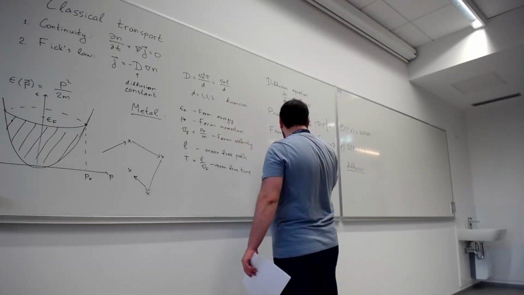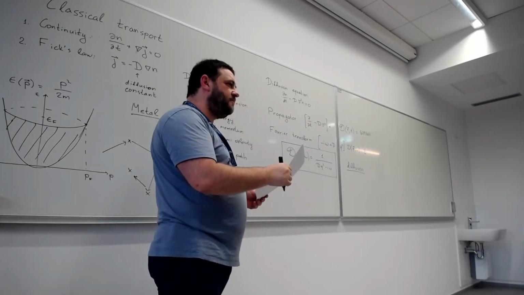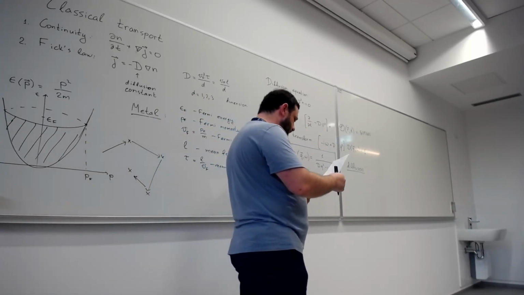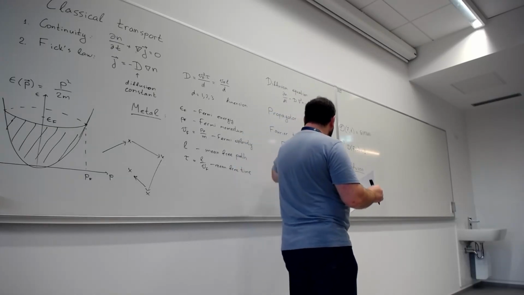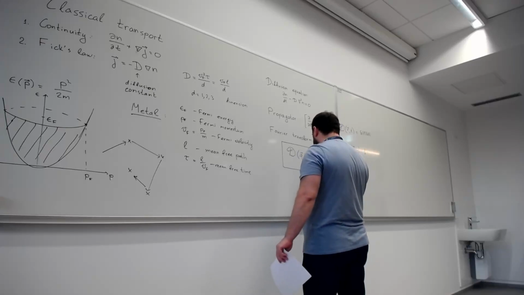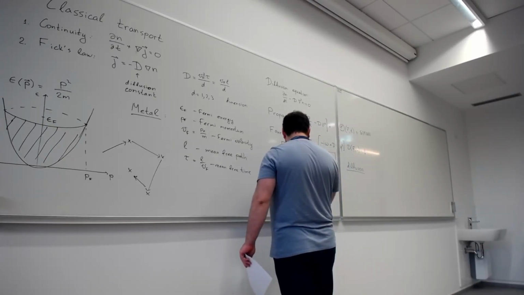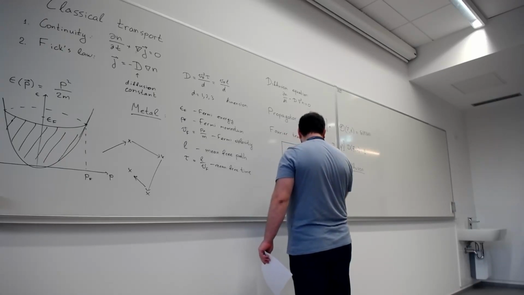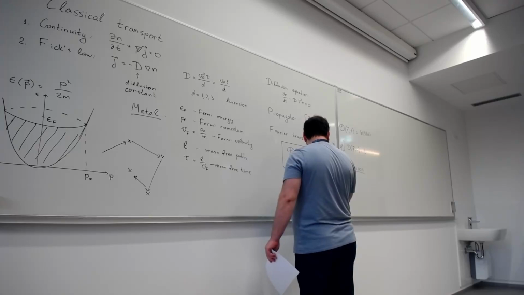You don't need all this, but this relation we will use very much in the future. So this is the diffusion, and it has a very important property. It has a pole, a singularity when q and omega equal 0.